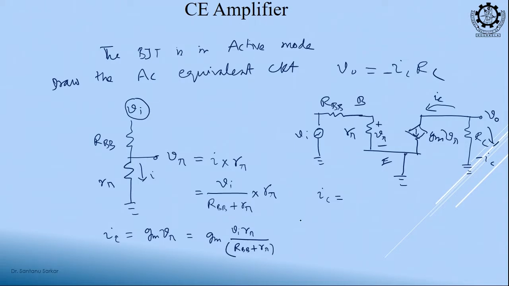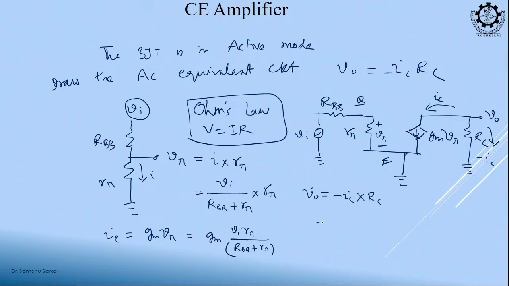Next step is find out V0. What is V0? V0 is equal to this drop. What is the current? Current is minus IC. Resistance is RC, so this is just Ohm's law, right? V is equal to IR.